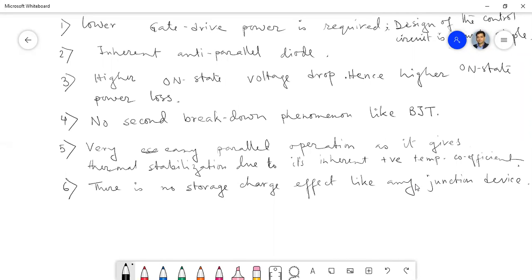Now, what is the advantage due to this? The switching time is very less, therefore the switching frequency can be very high.